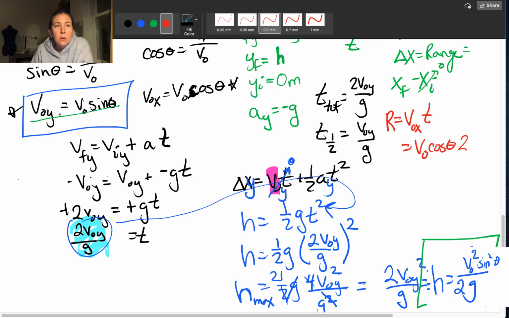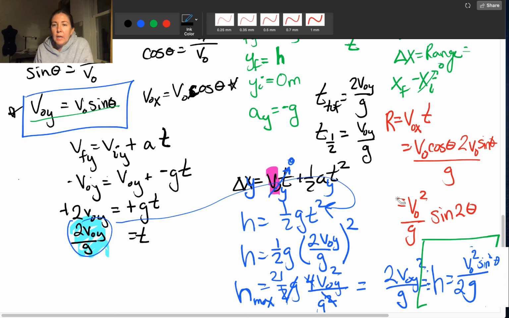And remember, v naught y is v naught sine theta. So I'm just going to put that in. 2 v naught sine theta over g. I have 2 v naughts, so that's going to be a v naught squared over g. And this cosine theta, sine theta is a trig identity. You can look it up. I believe cosine theta sine theta becomes the sine of 2 theta.